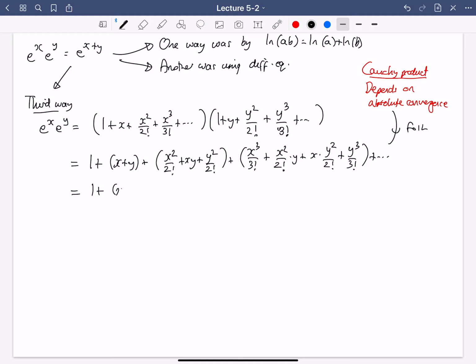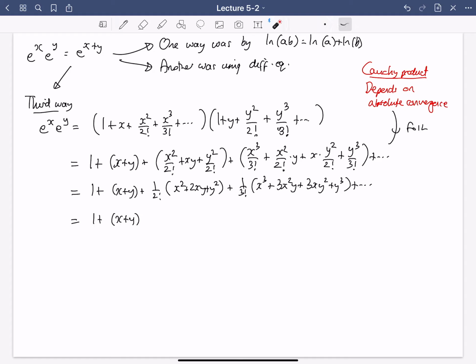So what have we got? Let me just rewrite it a little bit. If I pull out a 2 factorial, I've got x squared plus 2xy plus y squared. If I pull out a 3 factorial, I've got x cubed plus 3x squared y plus 3xy squared plus y cubed, and so on. And you probably recognize this. Here I've got coefficients 1, 2, 1, which is that second row of Pascal's triangle for the expansion of x plus y all squared.